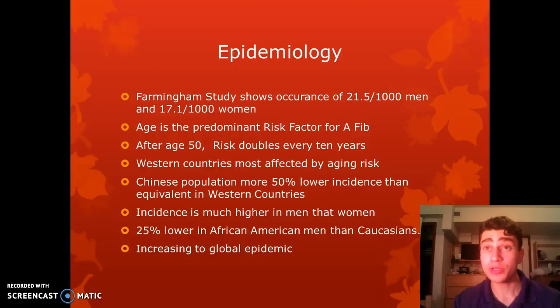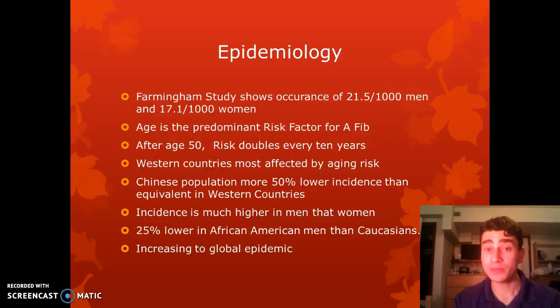we also take a look at the geographic locations for AFib, and we do find that our Western countries have a much higher occurrence of having AFib, which is affected by age. In fact, we do look at China, for example, and we found that they have a 50% lower incidence of AFib when we look at men at the age of 50 compared to other men living in the equivalent Western culture of people of the same status.